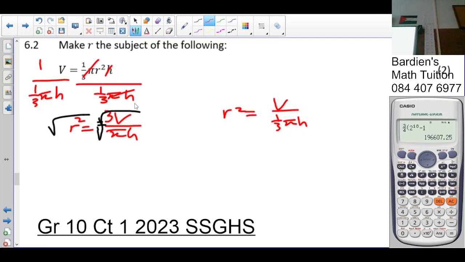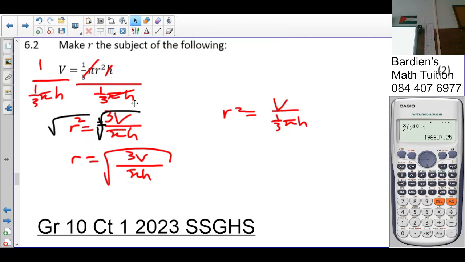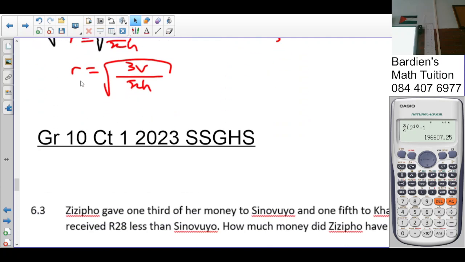So that can't be negative. So then r is simply the square root of 3V over pi h, the positive one. Normally you have to say plus minus. In this case, it's not going to be plus minus. But if it was only x's, then you'd have to say plus minus. Okay. So it could be negative or positive. But as I said, this is a length, and length is never negative. Okay.